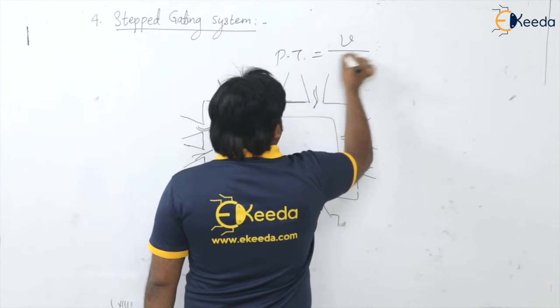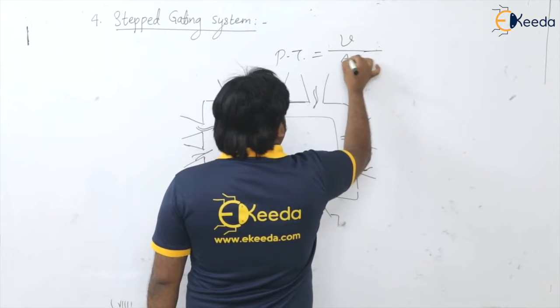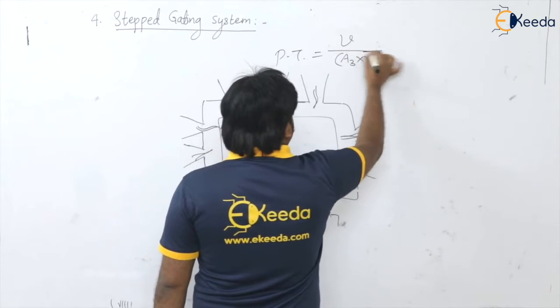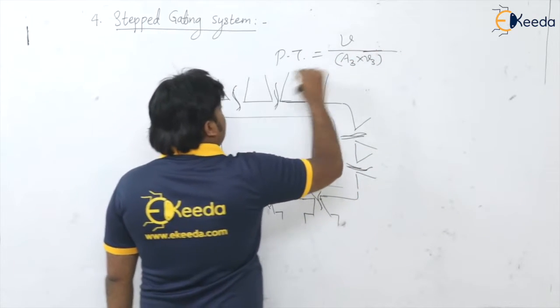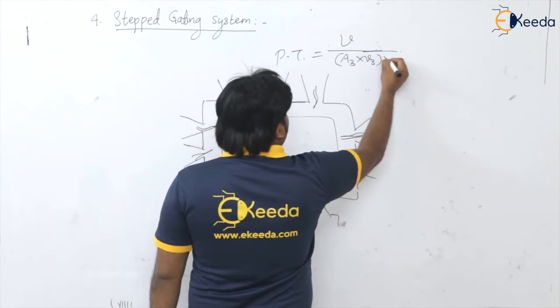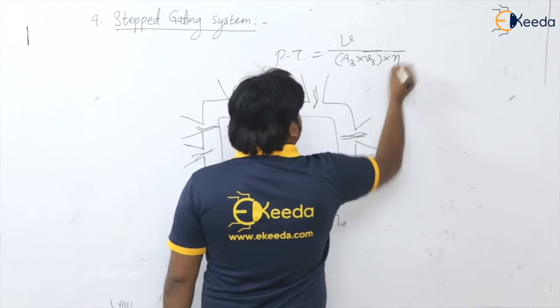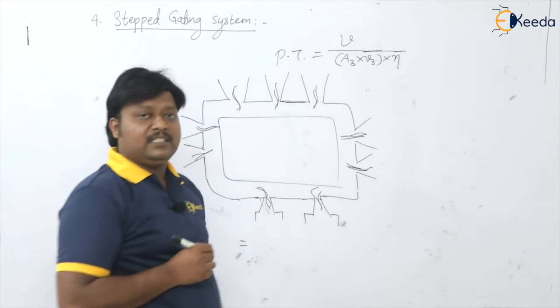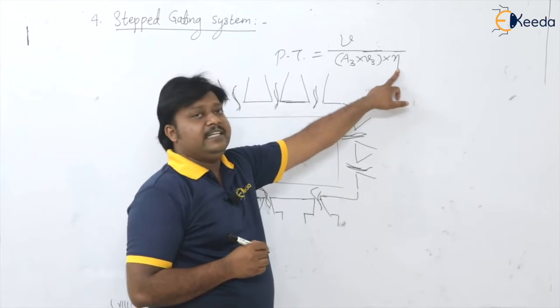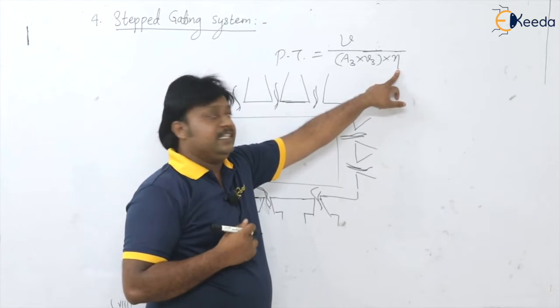And here we can calculate the pouring time as, see, volume of casting divided by A3 into V3, maximum velocity into sprue base area, and you have to multiply this flow rate by the number of gates through which the molten metal is entering the mold cavity, where N is indicating the number of ingates.